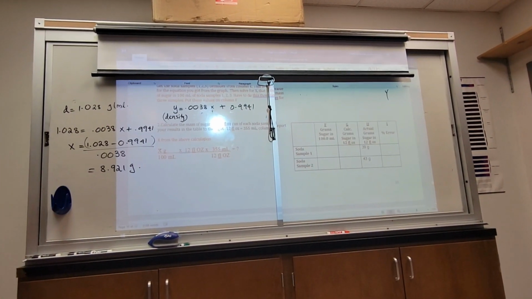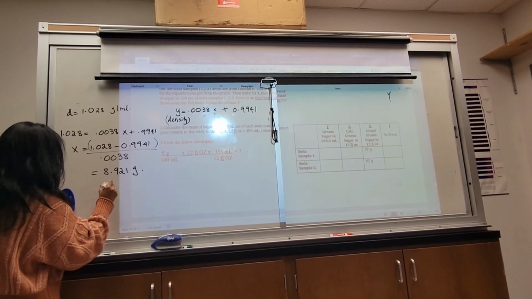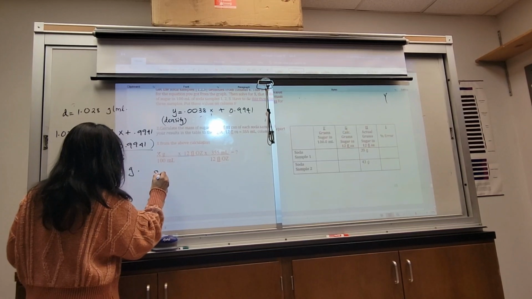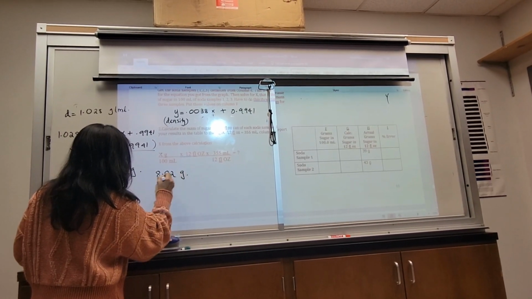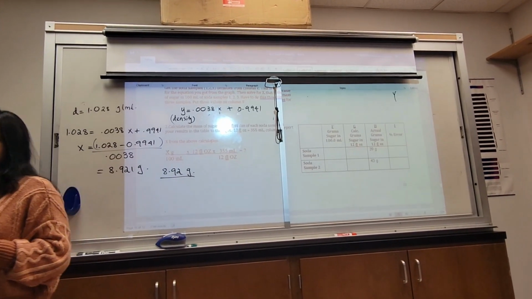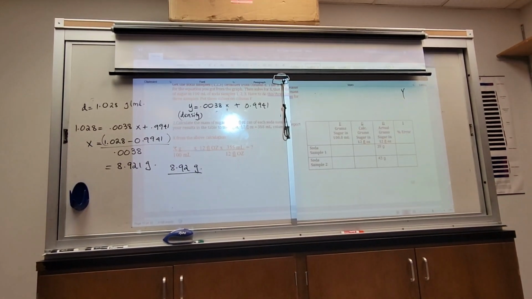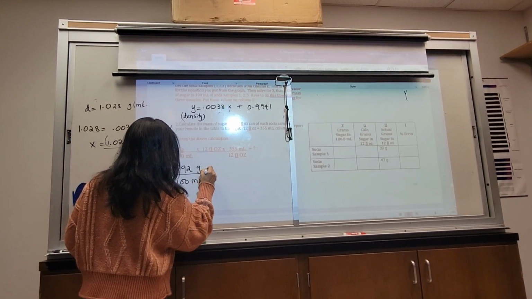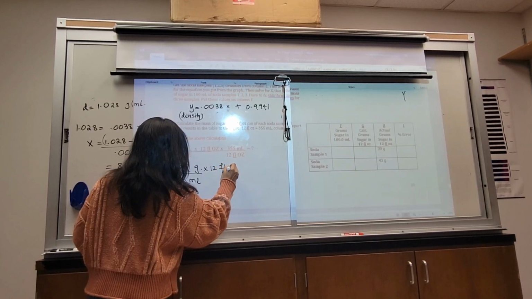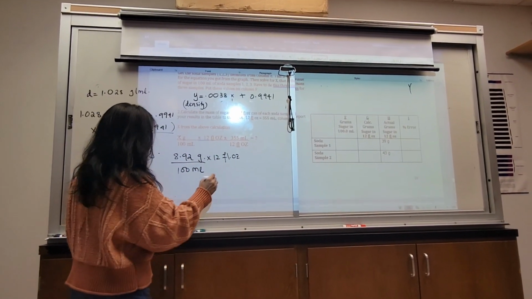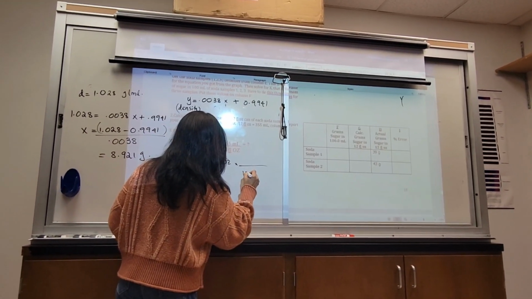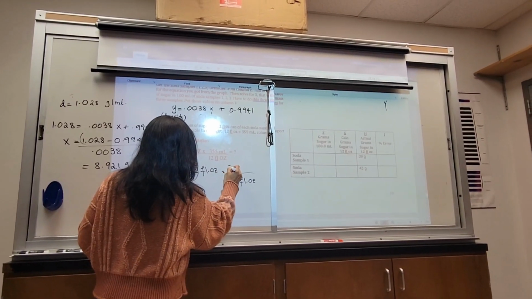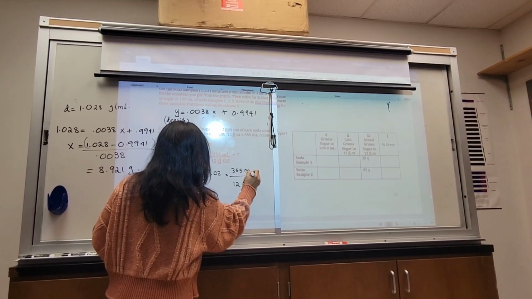How do we do that? You take this amount, 8.92 grams, and this was in how many milliliters? 100 milliliters. I have written here how to do the calculation. If you drank a 12 ounce sample, we need to do our conversion. 12 ounces equals, it's given, 355 milliliters.